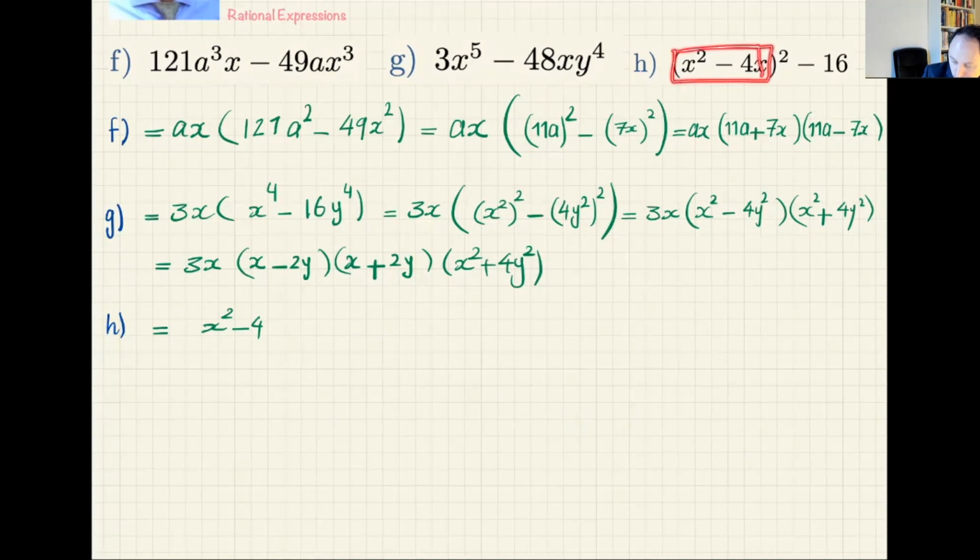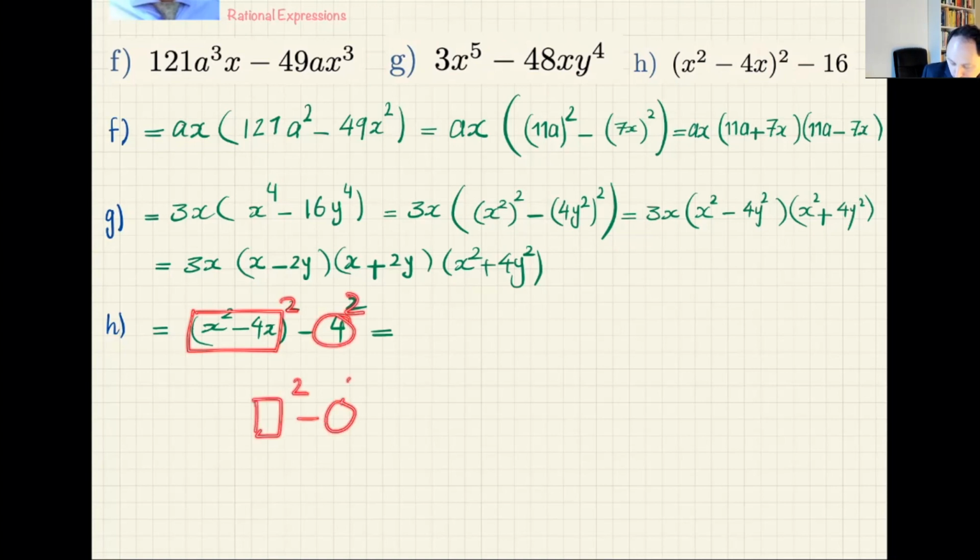This is this expression to power 2. 16 also is very familiar for you. Yes, that's also a complete square. So I can write it as 4 to the 2. Then what I have is this one to the 2 minus this one to the 2. And if you do not look inside, this should look familiar for you. Yes, that's a conjugate pattern.